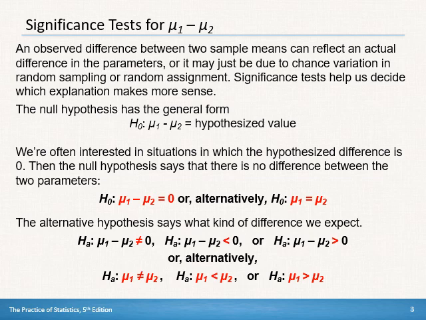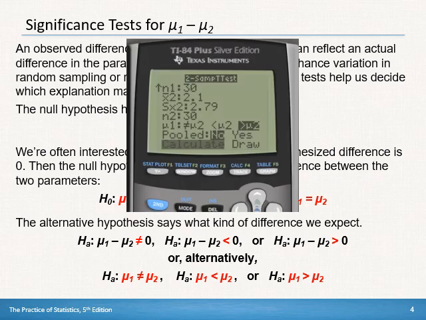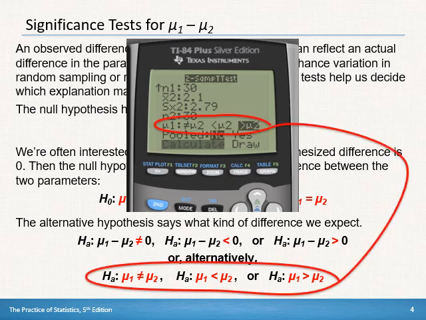So you can see here that the test for this is going to be a 2-sample t-test. Our calculators abbreviate it as 2-SampTTest. You can see where the alternative selection agrees with this alternative way of writing the alternative hypothesis.